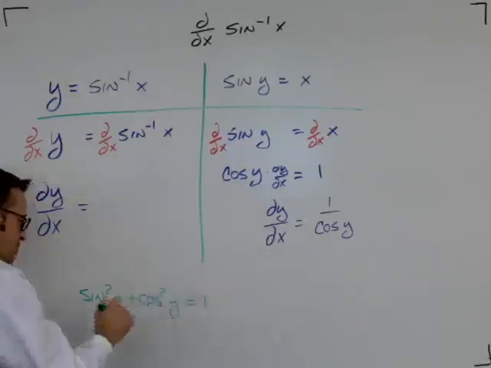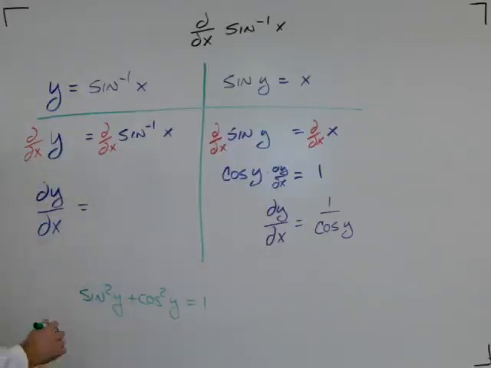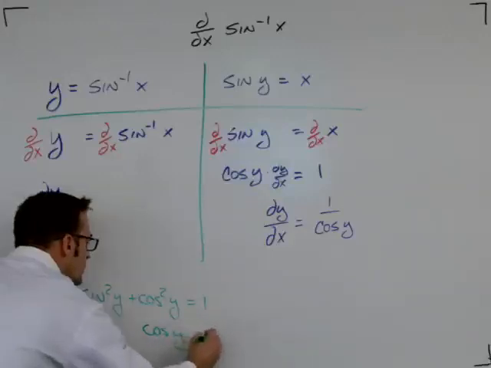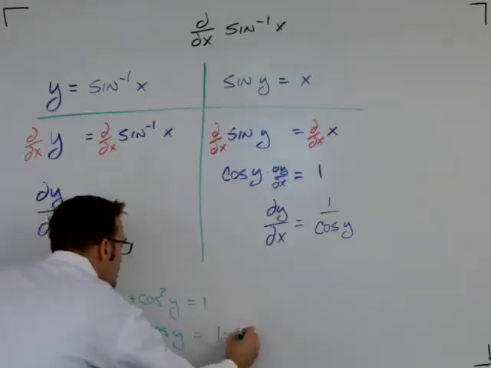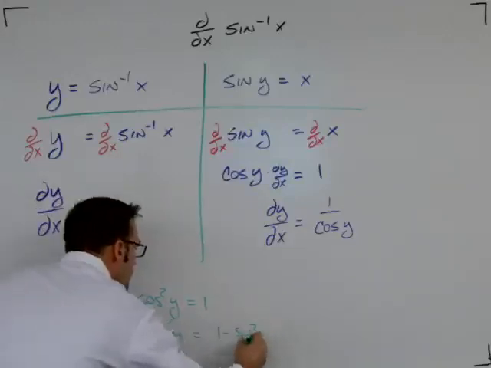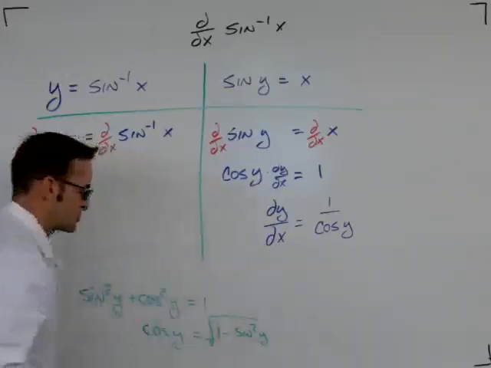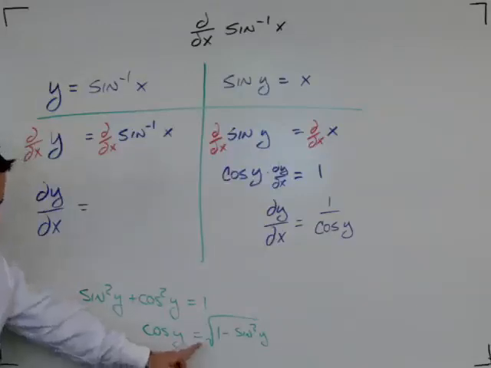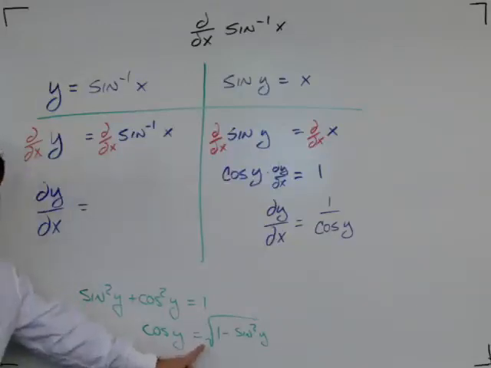I'm going to subtract sine squared of y from both sides. Then take the square root of both sides. And I'll keep the principal square root, the positive one.